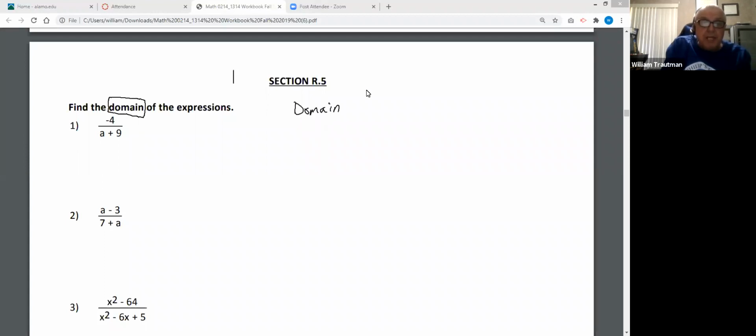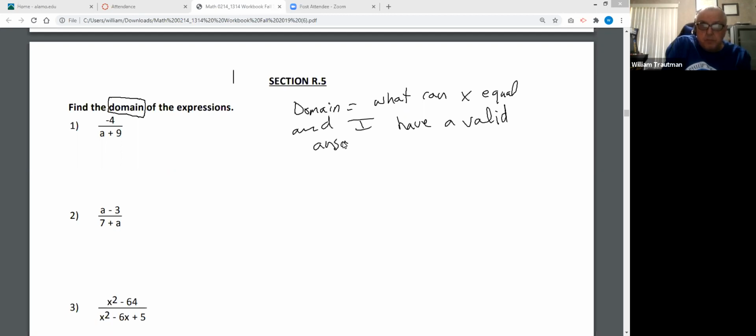The domain stands for what can X equal, and I get a valid answer.